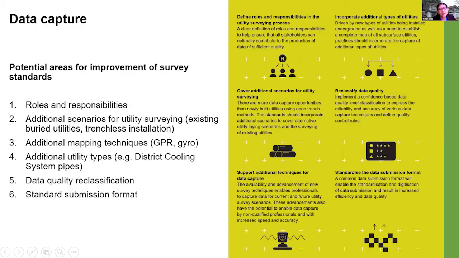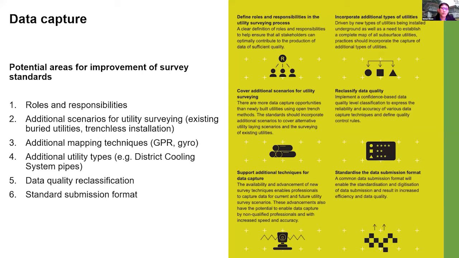And of course, the standards development doesn't stop there. It is a living document, and we are looking at several ways of improvement of the survey standard. So it's ongoing work, looking at the roles and responsibilities in detail of the surveyors, of the person that is submitting the data, and then additional scenarios for utility surveying.